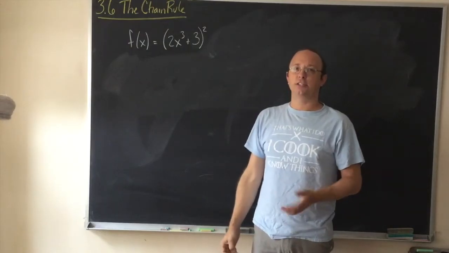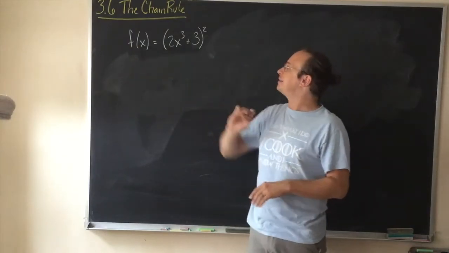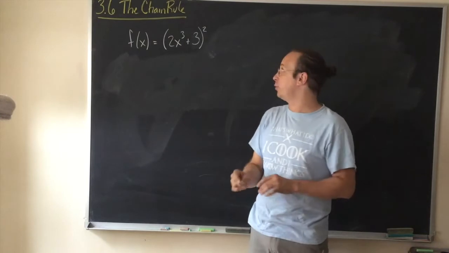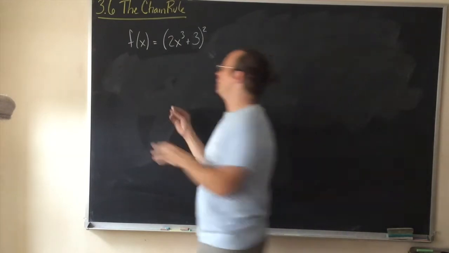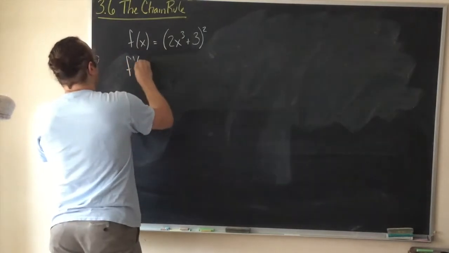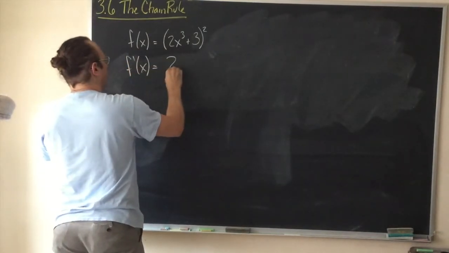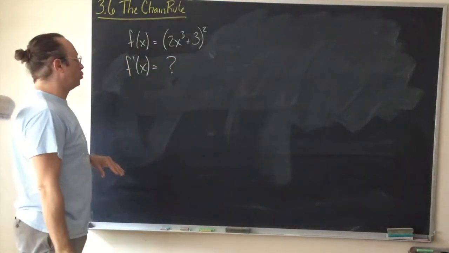We'll begin our study of the chain rule by considering f of x equals (2x cubed plus 3) squared. And of course, we're going to ask, what is its derivative? That is going to be our go-to question.